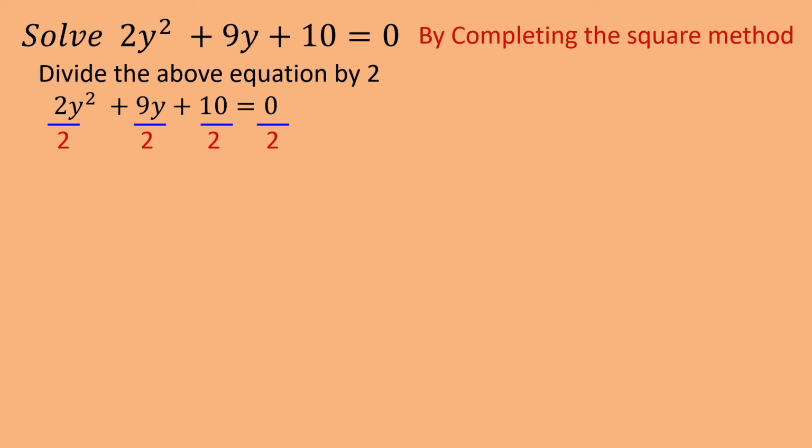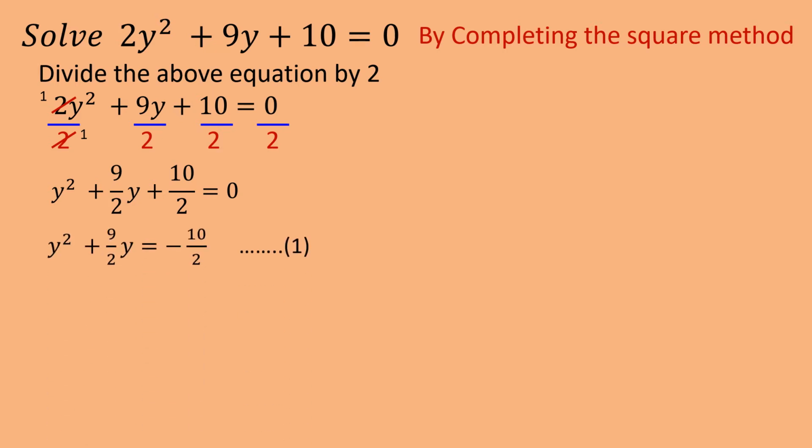So when I simplify, the quadratic term cancels, 2 one time and 2 upper side, and we get the equation as y square plus 9 upon 2y plus 10 upon 2 equals to 0. You might be wondering why I did not cancel 10 upon 2. It could be 5, you can if you want, but the solution will remain simpler. That's why I have kept it like that.